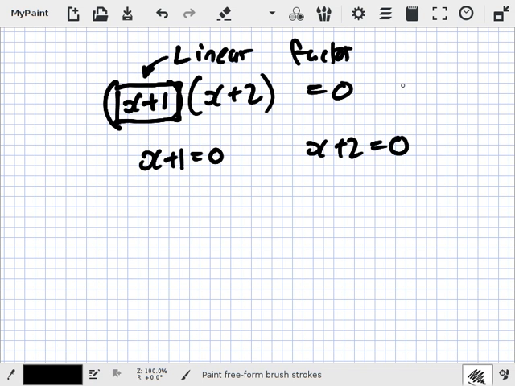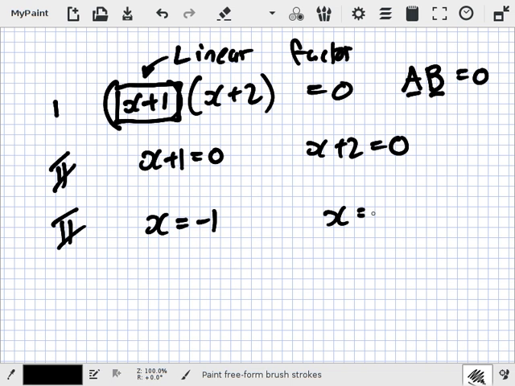Because if I have two things which are multiplying each other and they equal 0, then each one of them must be 0, since the only way you can multiply and make 0 is if one of them is 0. So I can think of this, instead of as one statement, as two statements. Then I can change those two statements into two values for x: x equals minus 1 and x equals minus 2. These are what we call the roots.